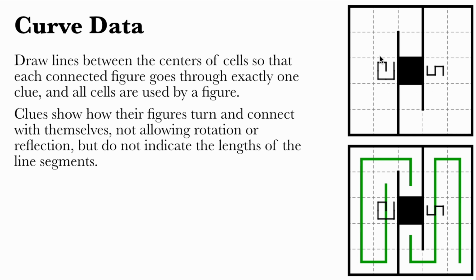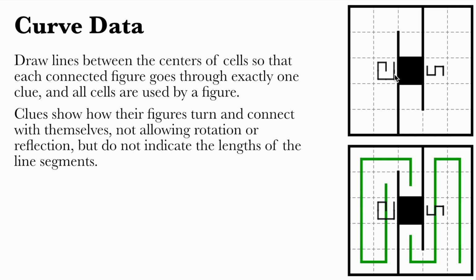But if we look at the other one, this is where it gets non-intuitive. This intuitively would be a spiral, with this being the shortest, but we're not saying anything about the lengths. So in the example solution, you can see something that looks very much not like this spiral.